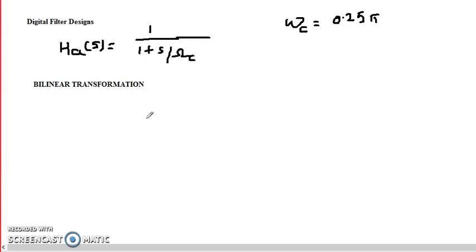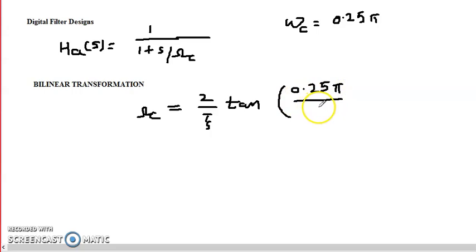Okay, so as we discussed last time, due to warping we can obtain the 3 dB frequency for Butterworth filter for digital filter as omega C. The omega C for this will be 2 by Ts, Ts is the sampling period, times tan of 0.25 pi by 2.